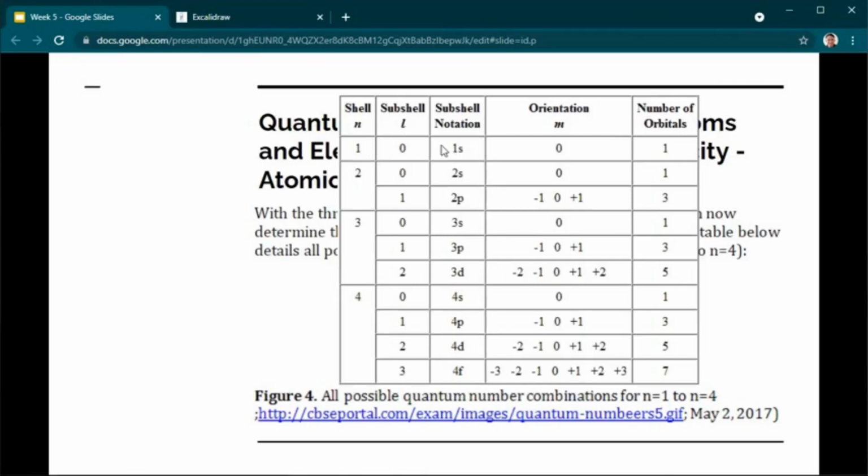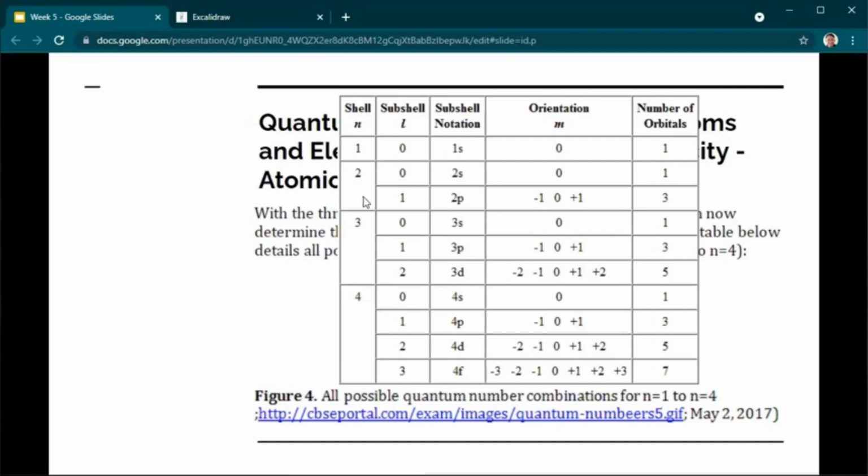Okay, so in notation, all 0s will be denoted by the letter s. And then the magnetic quantum number will depend on the subshell. So 0, 0. Number of orbitals, 1. Okay.